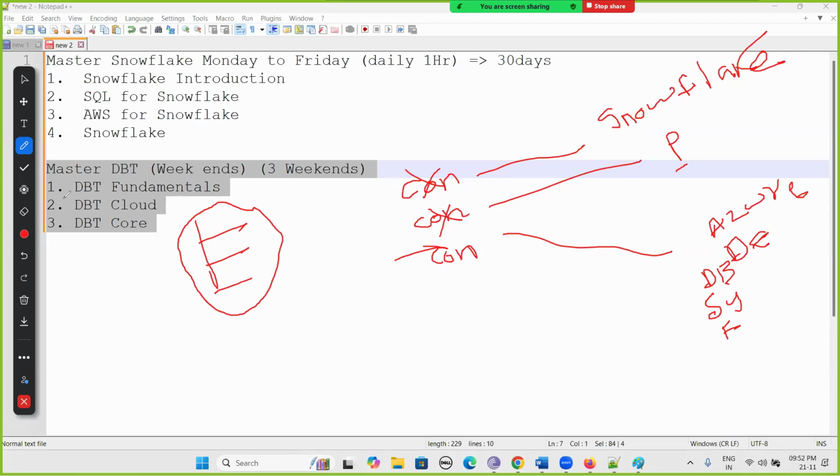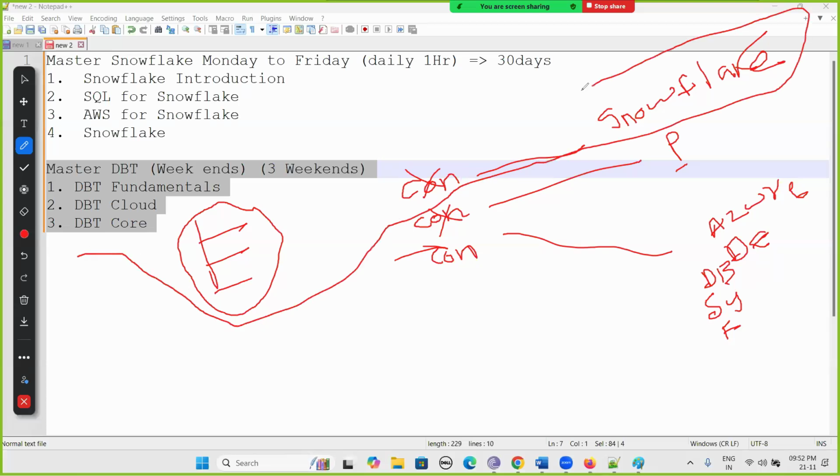But in our class, we are going to discuss DBT with Snowflake. And here you may have a question. If I start DBT with Snowflake, my requirement is Azure Synapse, but you are saying just change a connection.